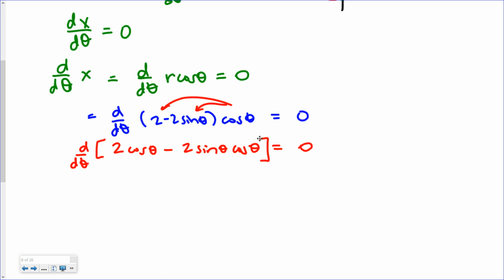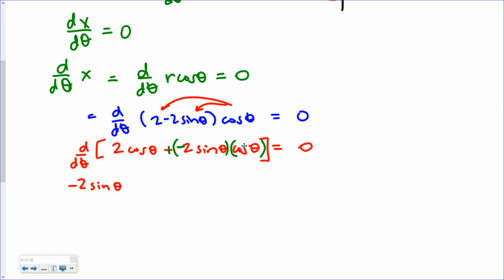Are you guys with me so far? All right, what's the derivative of 2 cosine theta? Negative 2 sine theta. Okay, over here, this is going to be negative, so let me do positive negative here. Okay, I'm going to do product rule here. So I'm getting ready for my product rule. What I'm going to do is I'm going to make this negative stuck to this 2 sine theta.